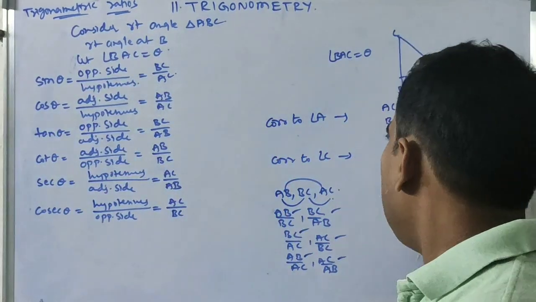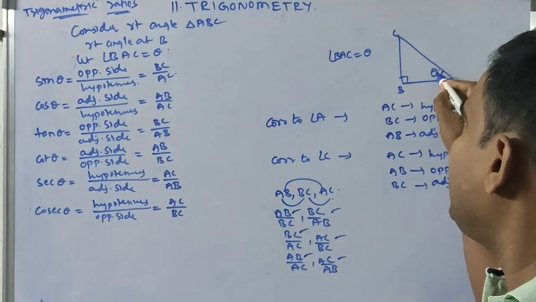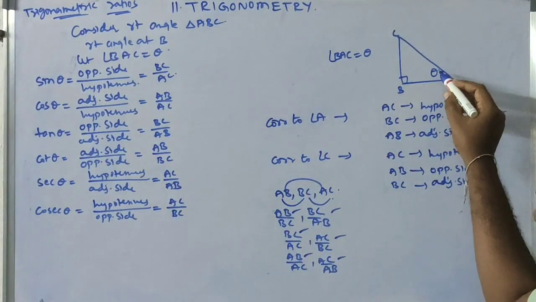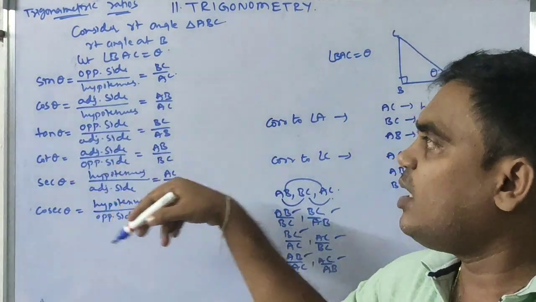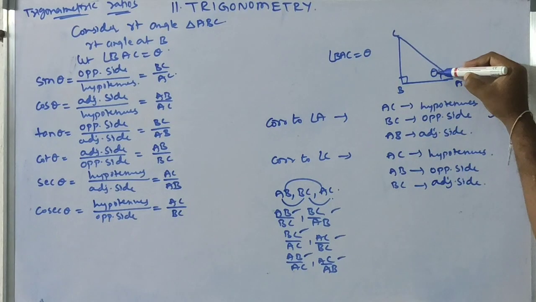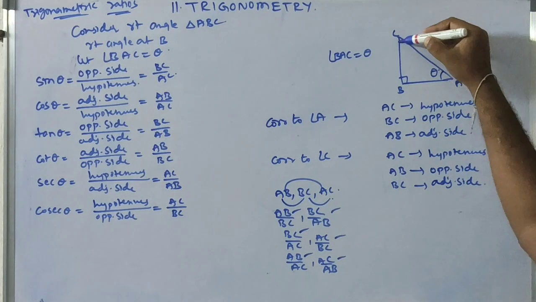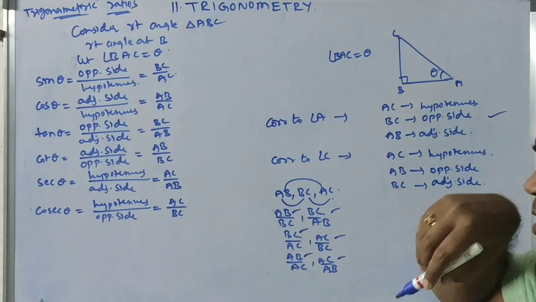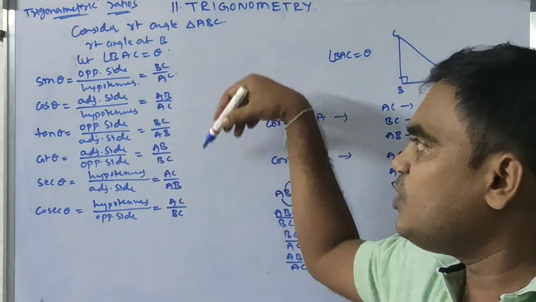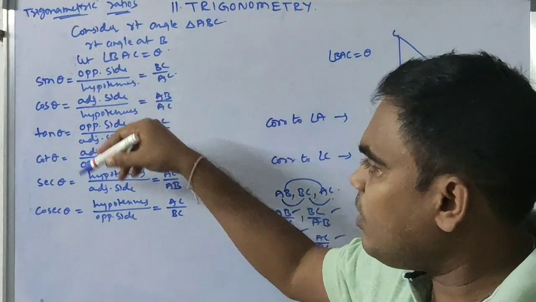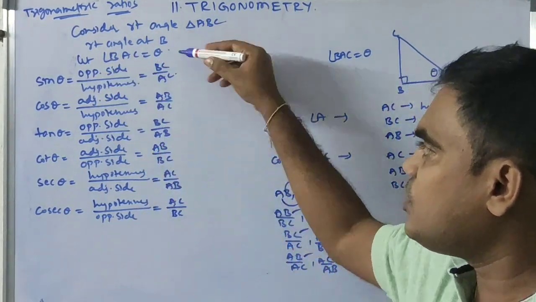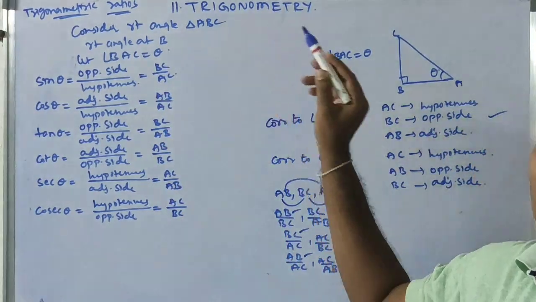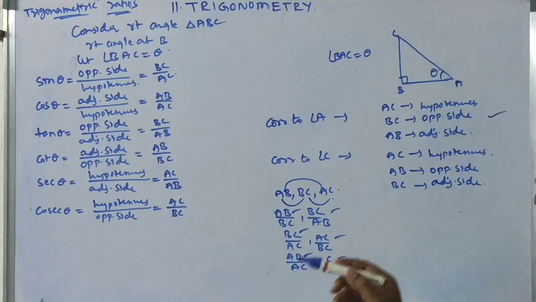If we are taking angle theta, corresponding to angle A, this is theta, then we get trigonometric ratios like this. If the angle theta is taken at angle C instead of angle A, then the opposite side and adjacent side will be different. So the formulas are the same, but the opposite side and adjacent side will be different, so according to angle C we need to choose.